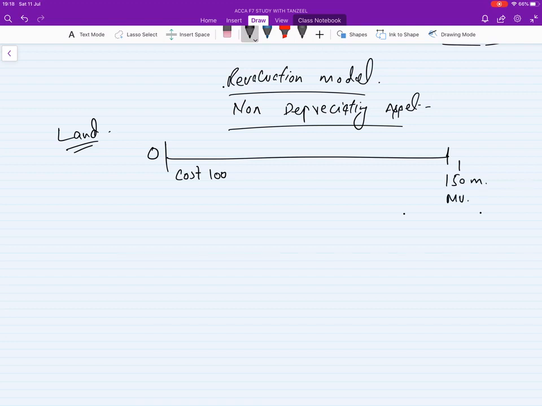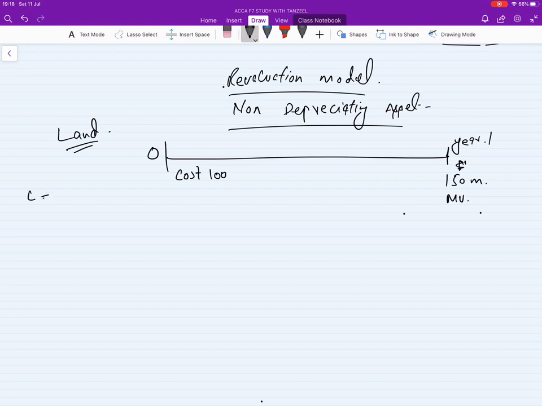Suppose you have a land, and when you bought it the cost was 100. At the end of year 1 the land value has increased to 150 million. So it is a gain. So you got the gain.